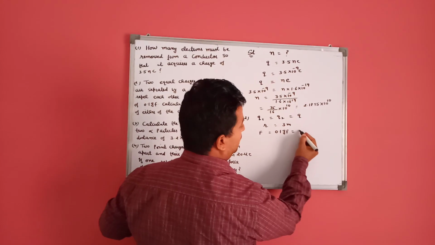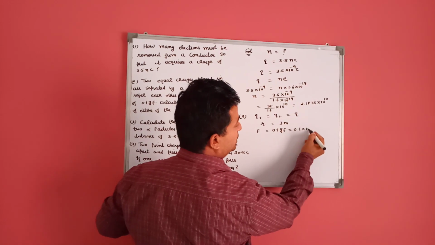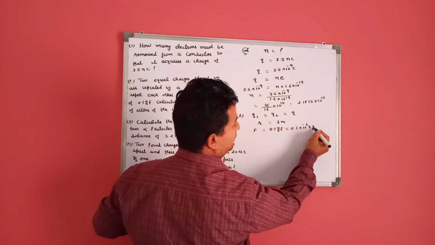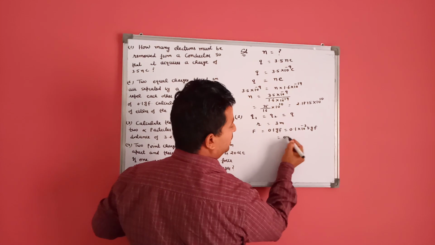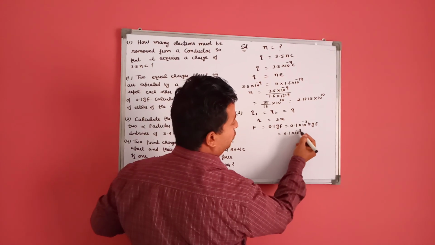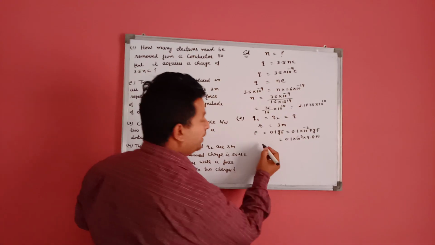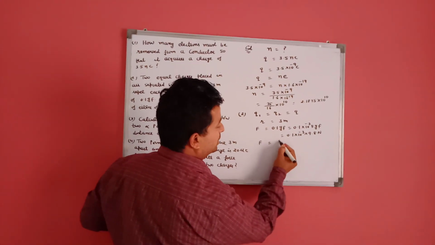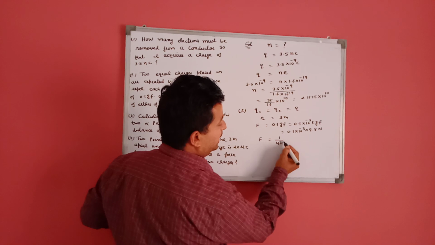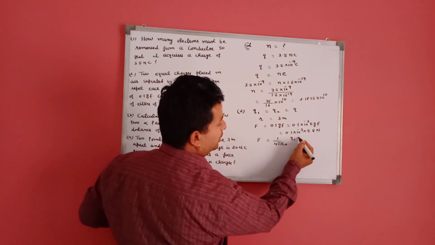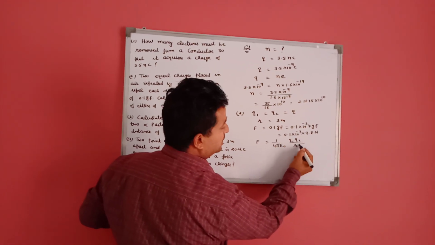First of all, convert gram force into kilogram force, kgf. Then convert kgf into Newton, multiply by 9.8. Then according to Coulomb's law, F is equal to 1 by 4 pi epsilon naught Q1 Q2 by R square.